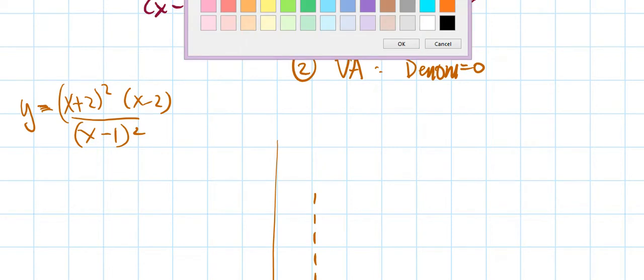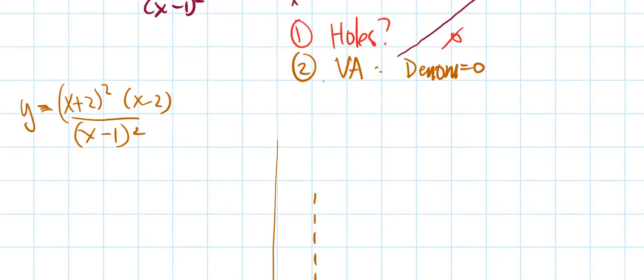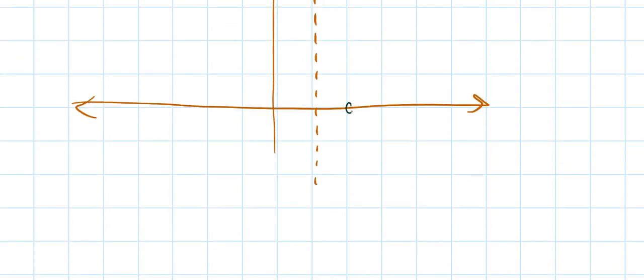What else do we have? We had the denominator equal to 0, so now let's make the numerator equal to 0. The numerator equals 0 gives us x-intercepts. Our numerator is equal to 0 at positive 2 and at negative 2. So those are the places where the numerator equals 0, positive 2 and negative 2.